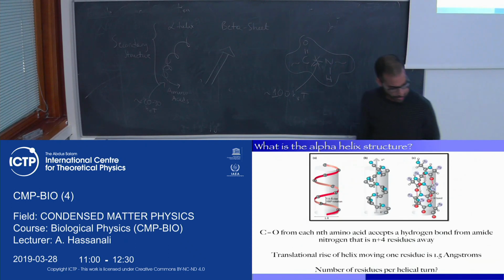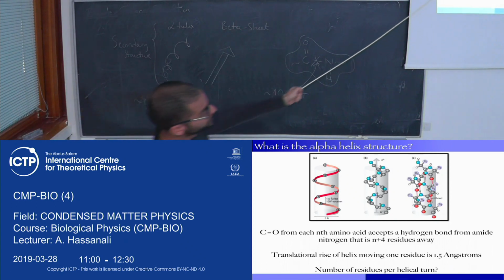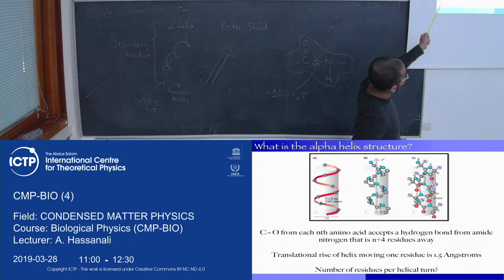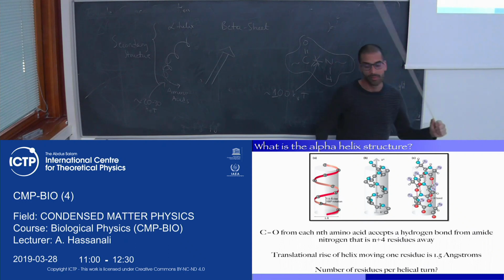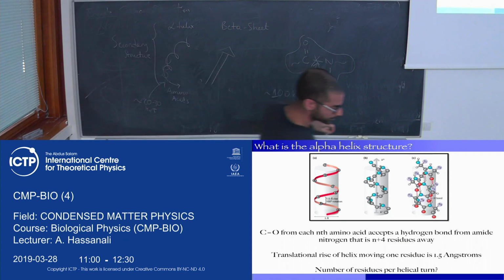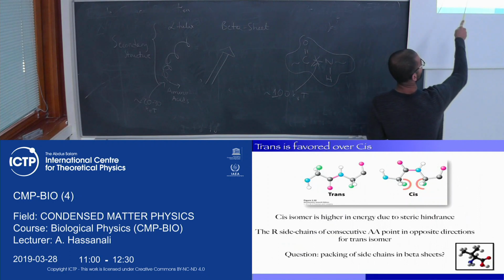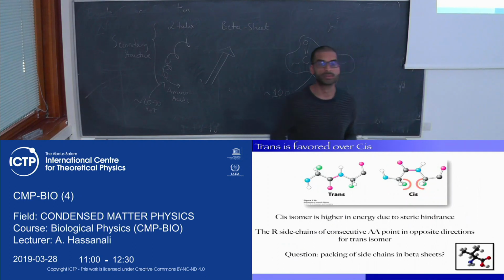Good. So now let's dissect a bit more this alpha helical structure. The alpha helical structure is represented as this coil, but you have to keep in mind that this alpha helical structure is made up of amino acids, and the amino acids are made up of NH and CO bonds.